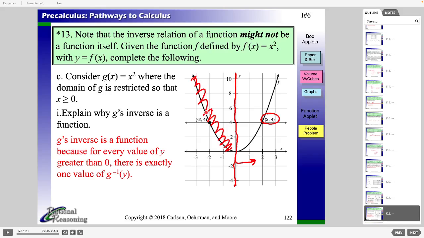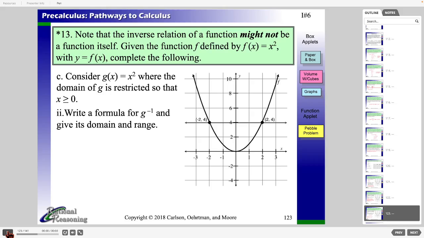Okay, so that's one way. If our function is not 1 to 1, we restrict the domain, throw out part of the graph, and say, no, we're going to redefine it only for certain values, and then we've got a function which will have a true inverse function. So what would that function look like?